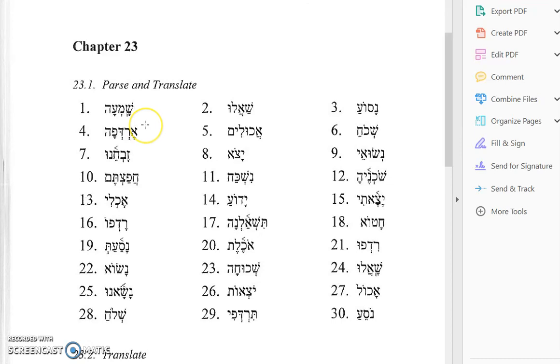Shama'a is a Qal perfect, third feminine singular, meaning she heard. Sha'alu is an imperative form, second masculine plural, from sha'al, to ask, and so it means ask.